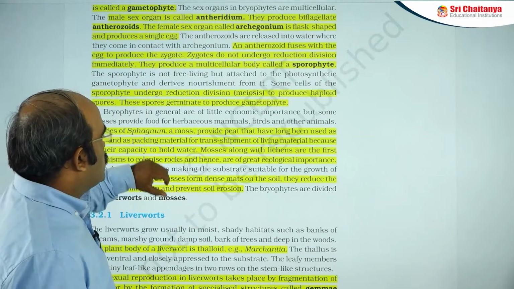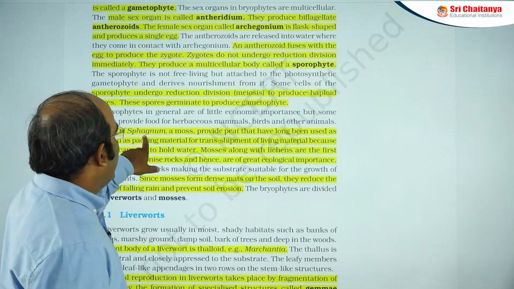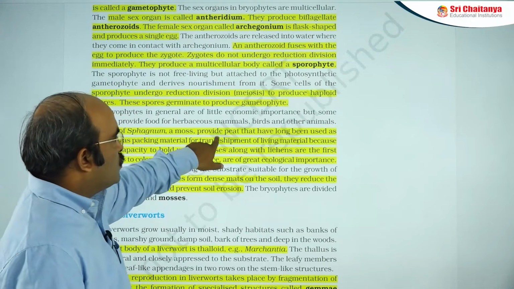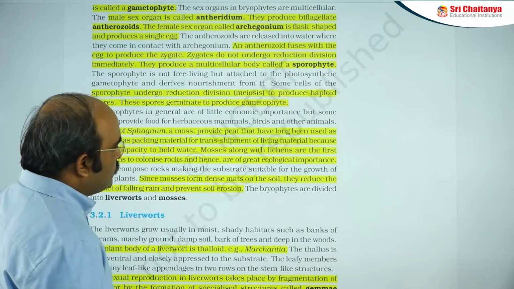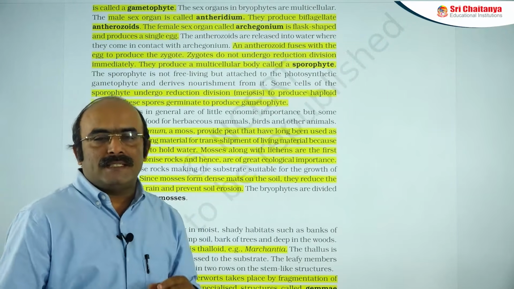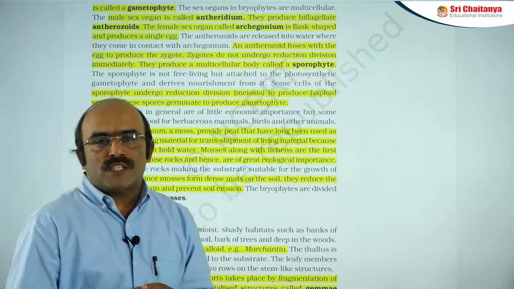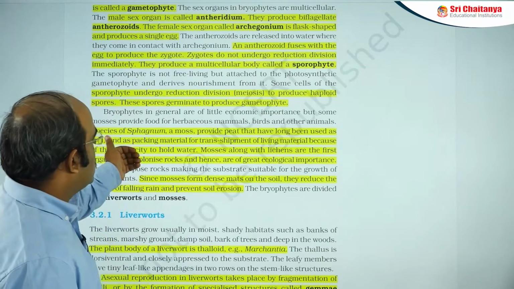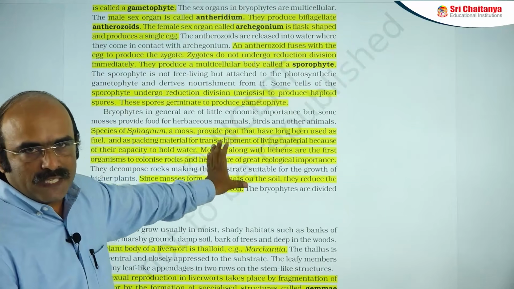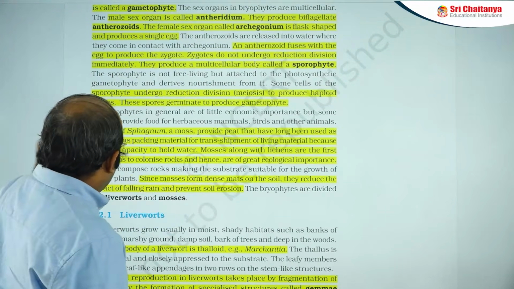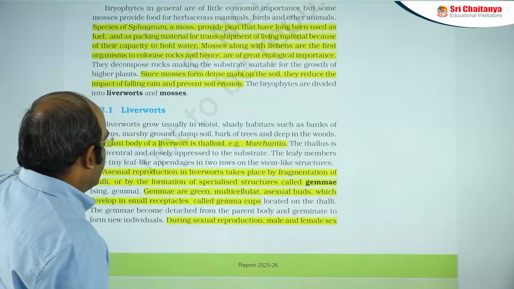Commercially, sphagnum, which is called peat moss, provides peat that has long been used as a fuel, and sphagnum is also used as a material to transport perishable items because it has water holding capacity. So these are the major aspects of the economic angle and also the ecological part of bryophytes.